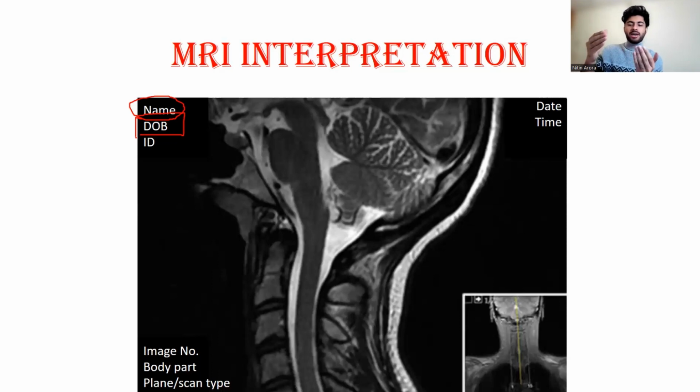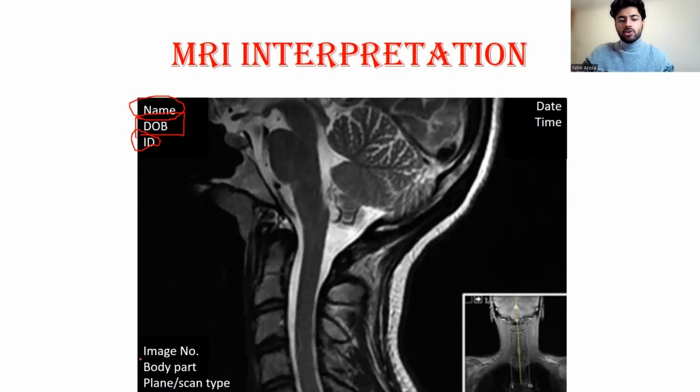History taking goes with the date of birth, and that might go a long way in assessment of the person. Then the hospital ID, if the person is in ICU or in the ward, and you want to see the person's ID and name, is on the left upper side.